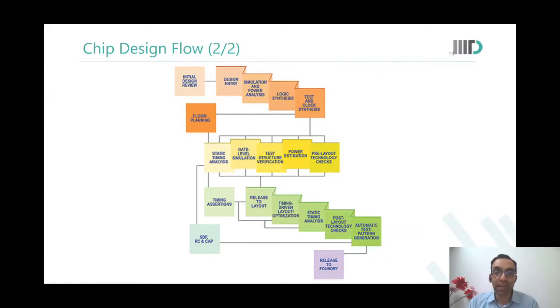So that is the purpose of gate level simulation: that the functionality that you wanted, you are getting that. Then test structure verification is that each component that you have put in is itself robust. So gate level simulation is for the functionality, and test structure verification is you going into the fine details that every single component is individually working fine.